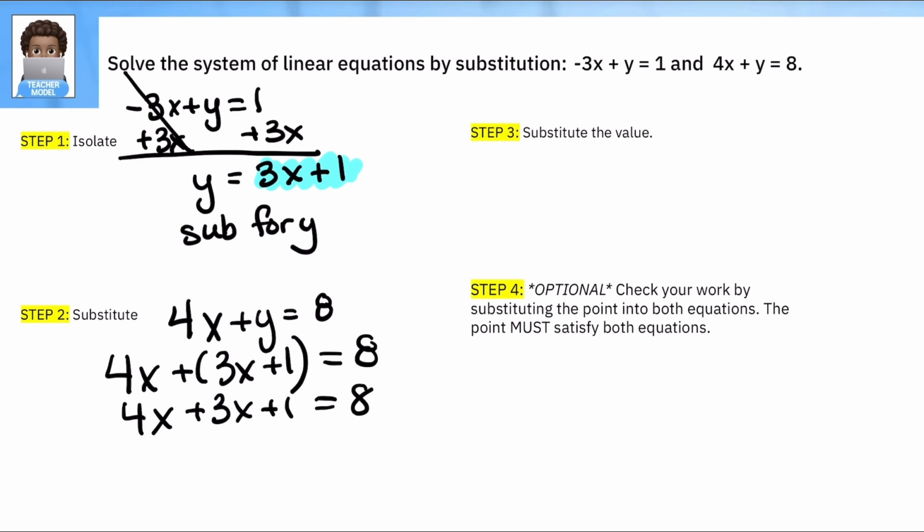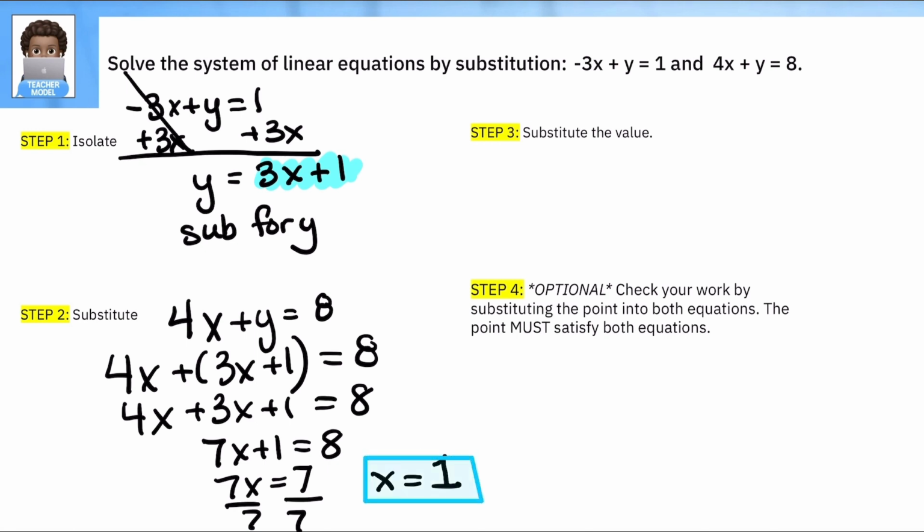I'm just going to use some algebra. And I figured out that x is equal to 1. And that's what we want. We want to figure out what one variable is equal to.